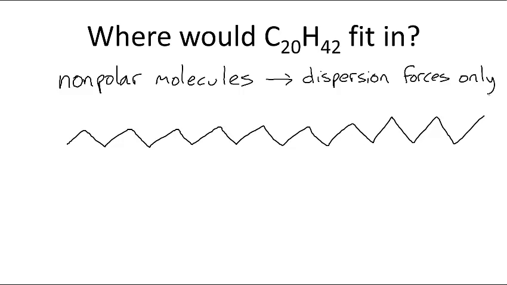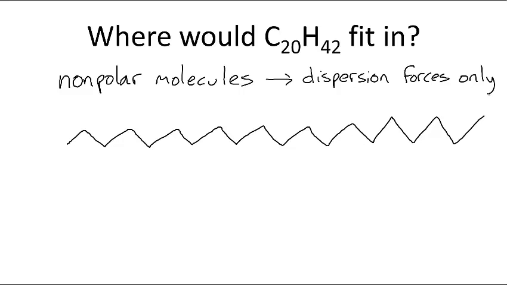Which would make you think, oh, really weak intermolecular forces. But what else can we say about this molecule? It has a really big mass. It's got lots of electrons. It's got a big surface. And sometimes dispersion forces over a really big surface can add up to making something have a really high melting point, a really high boiling point.